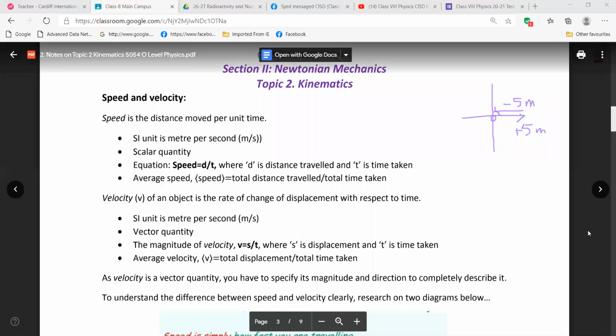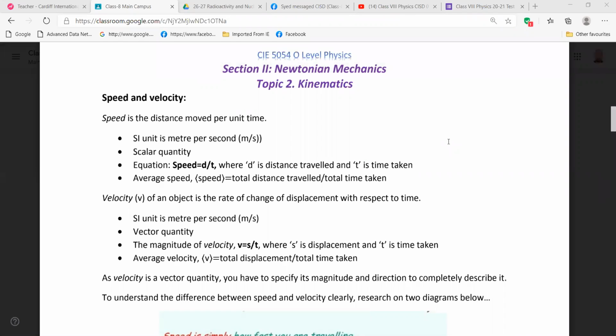Speed and velocity. Speed is the distance moved per unit time. SI unit is meter per second. Scalar quantity. Equation: speed equals distance by time, where d is distance traveled and t is time taken. Average speed equals total distance traveled by total time taken.